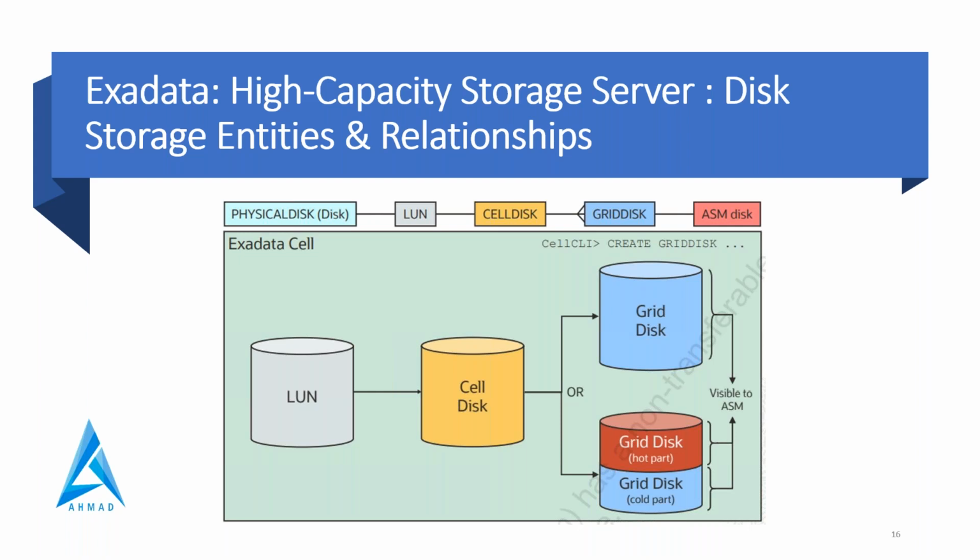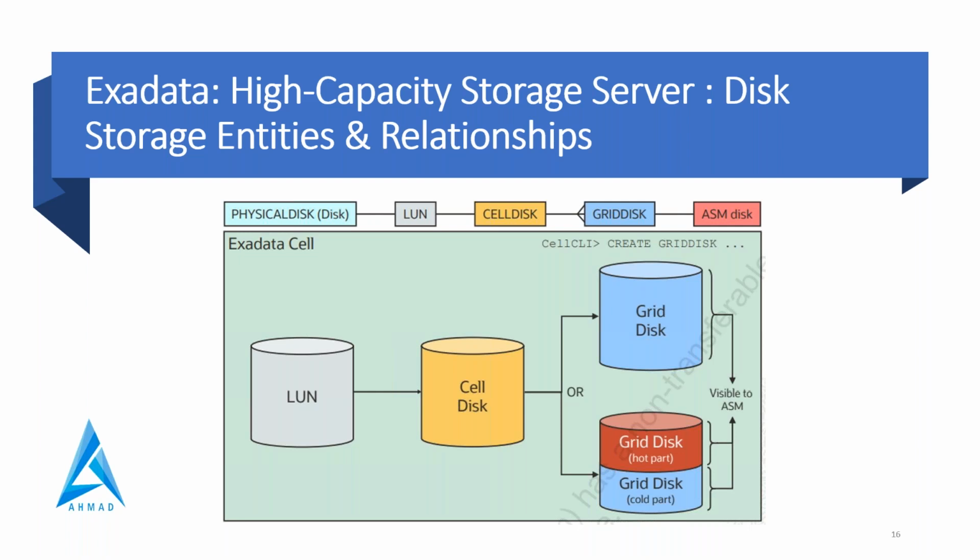A cell disk is a higher level abstraction that represents the data storage area on each LUN. After a cell disk is created, it can be subdivided into one or more grid disks, which are directly exposed to ASM. Placing multiple grid disks on a disk allows the administrator to segregate the storage into pools with different performance characteristics.